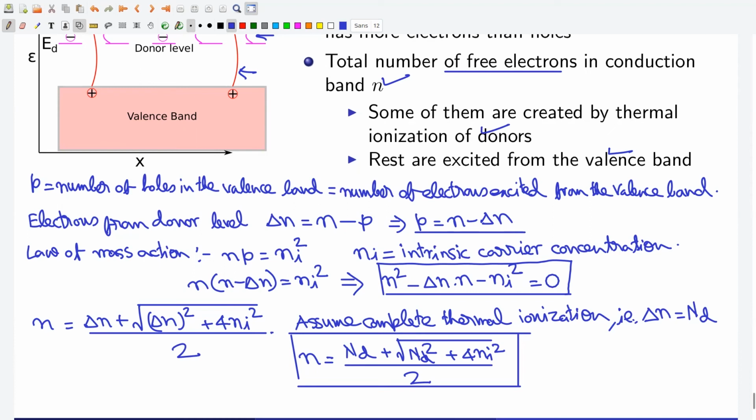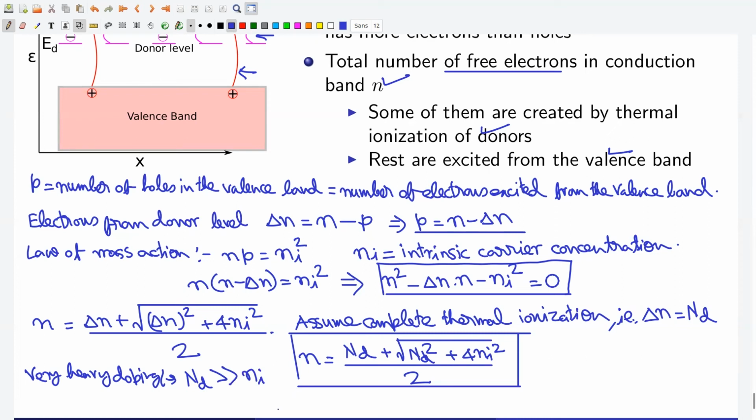Now, if we consider very heavy doping, then the donor concentration is much larger than the intrinsic carrier concentration.